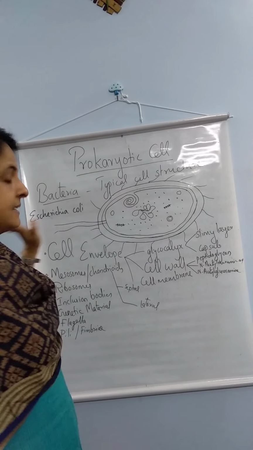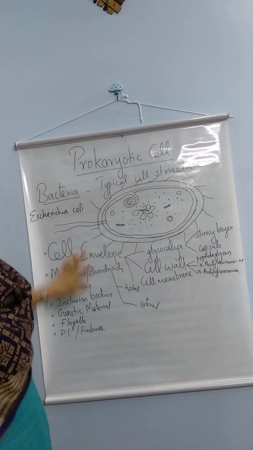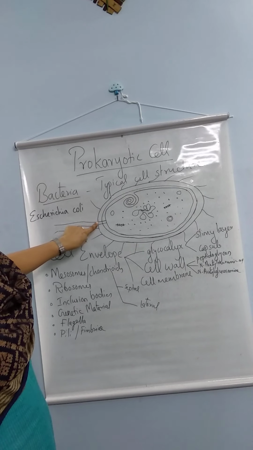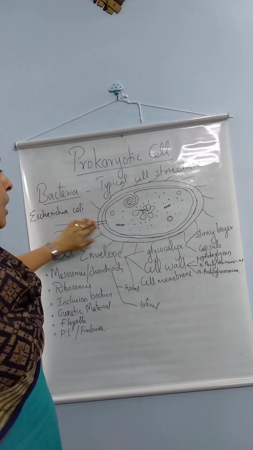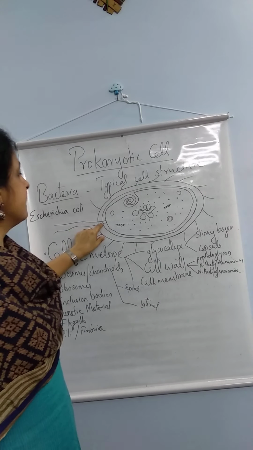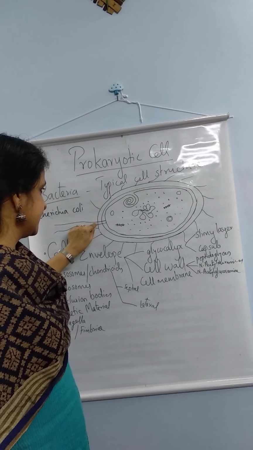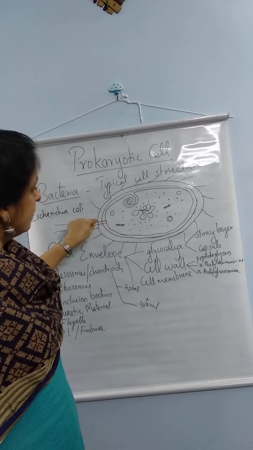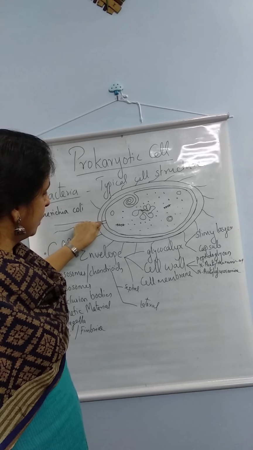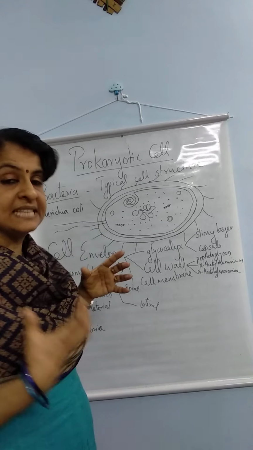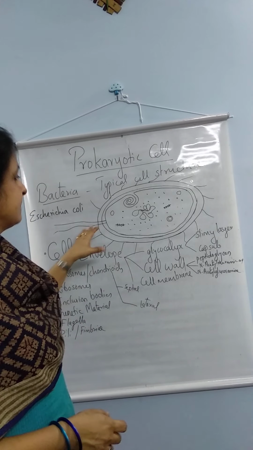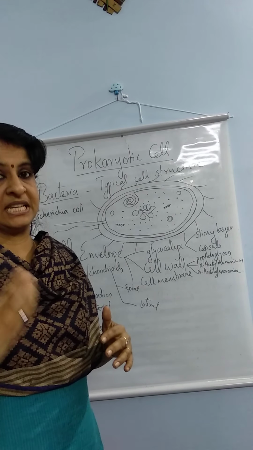This filament is seen on the surface of the cell. The portion at the base of the filament is called the hook, and the hook is attached to the basal body. This is the basal body which is seen inside the cell envelope. Its function is to help the bacteria move.